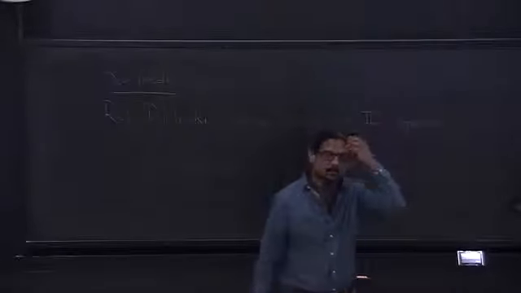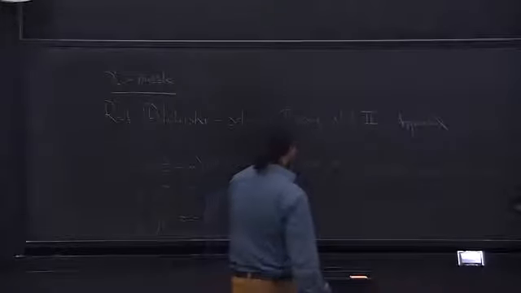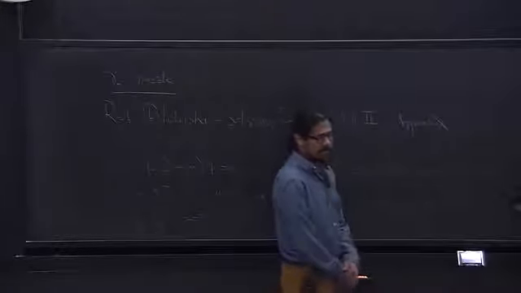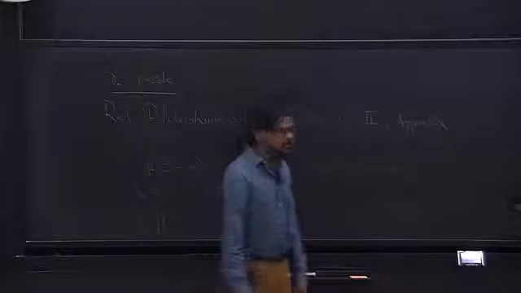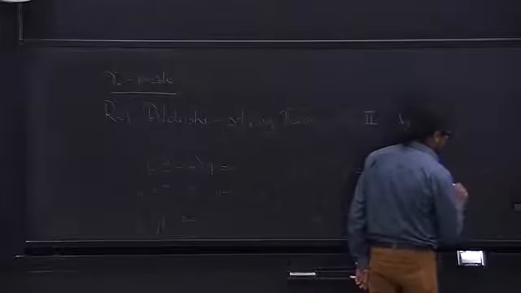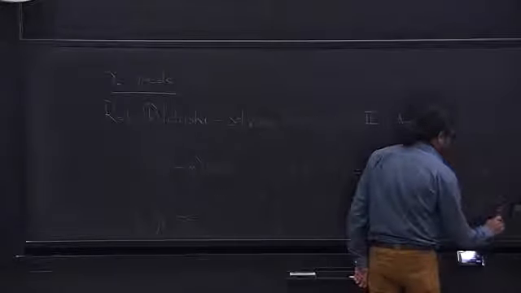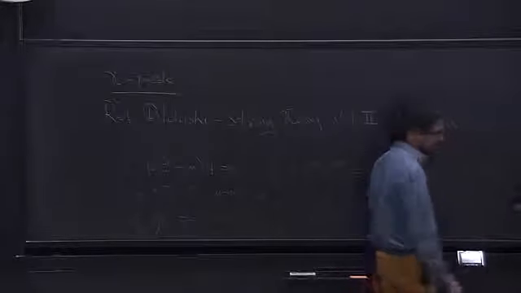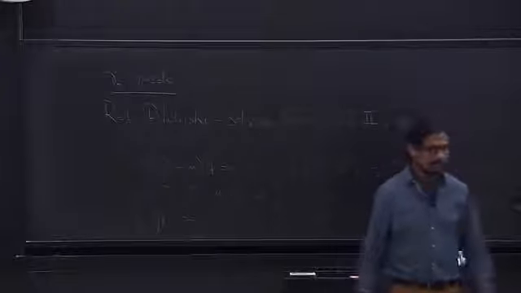And the question you would ask is, what is this new gamma 5? Does it commute or anti-commute with all the gammas? You can show by explicit computation, if you like, that this new gamma 5 actually commutes with all the gamma mu's.